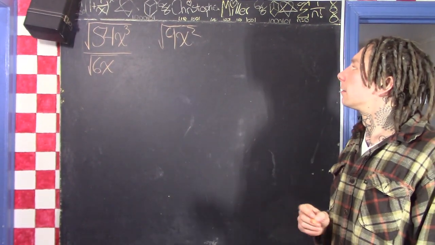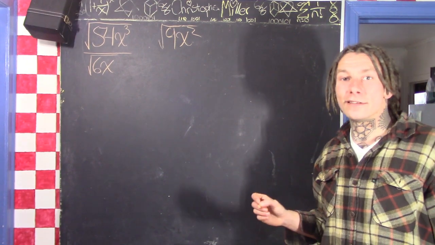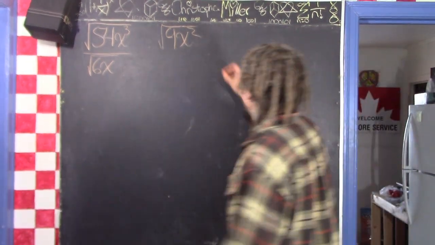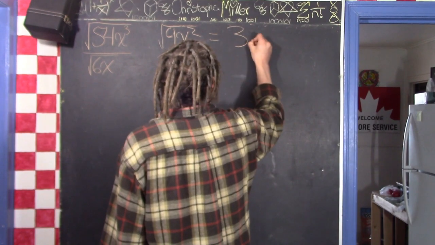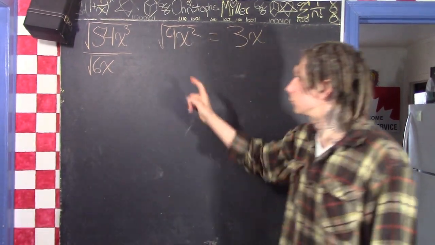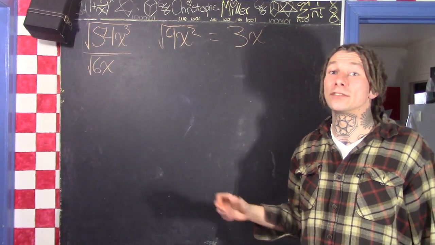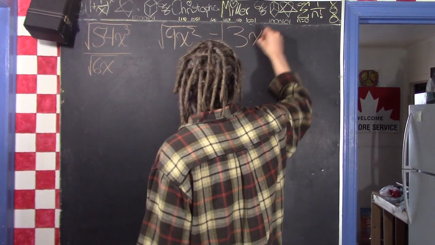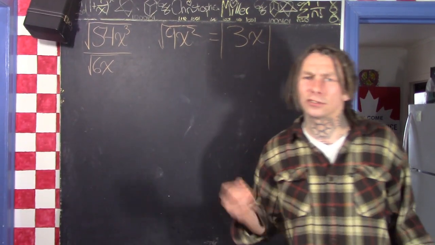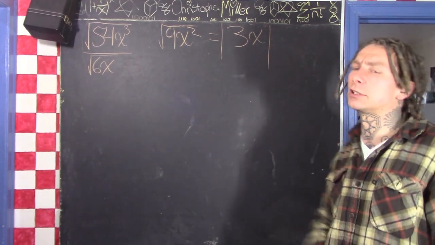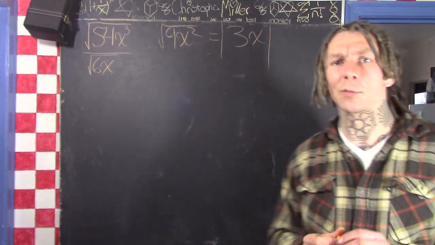And then square root of 9x squared is 3x. Since we can't square root a negative number, this has to be the absolute value of 3x, or absolute value of x. That's it.